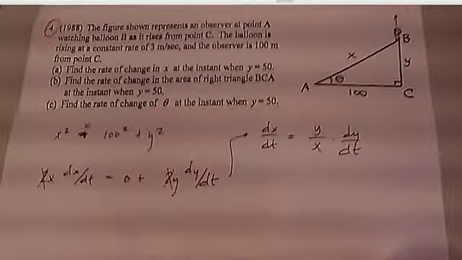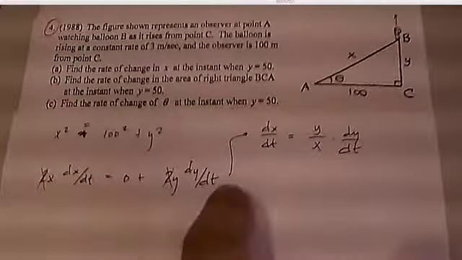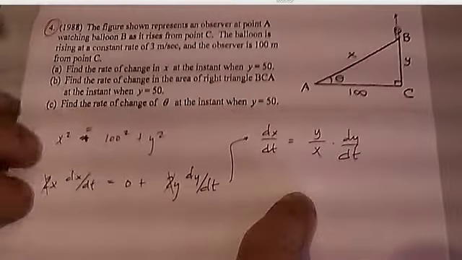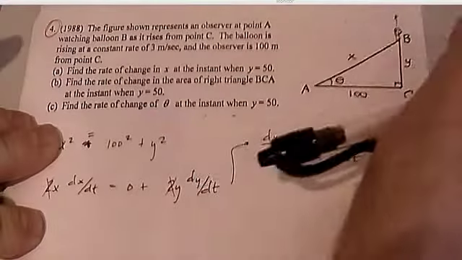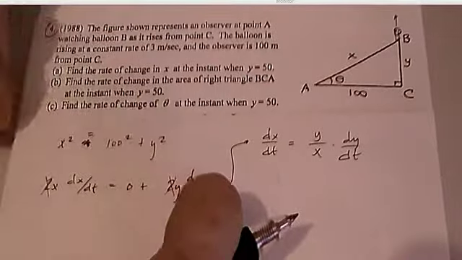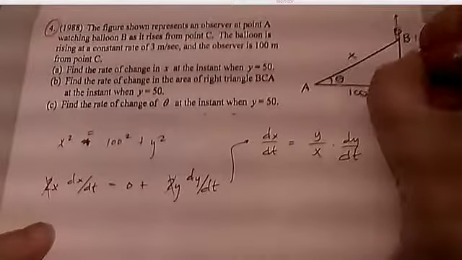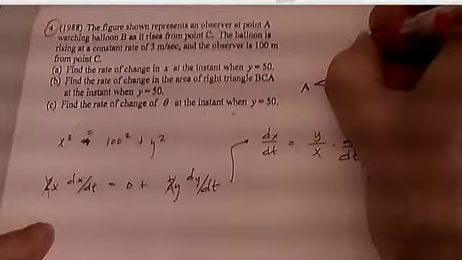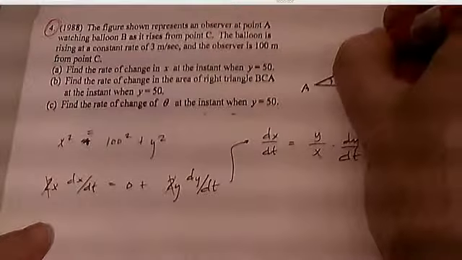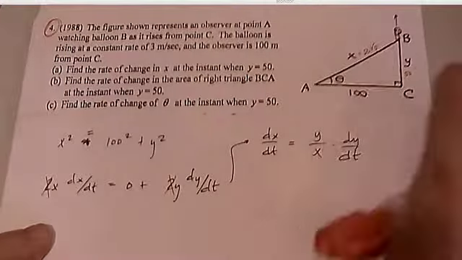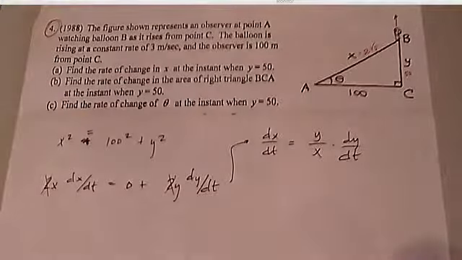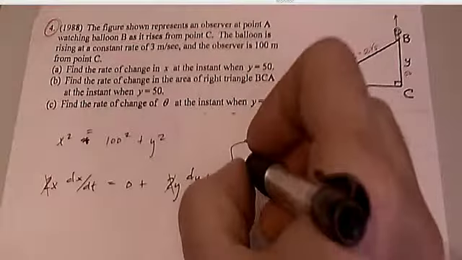Now, if I know y and x, and I do, right, when y is equal to 50, and we can go ahead and draw that on our thing. When y is equal to 50, x is equal to 50 root 5. Now, both of those numbers are conditional information, but since they're not changing from A to B to C, I'm going to go ahead and just sort of sketch them into the figure right there.